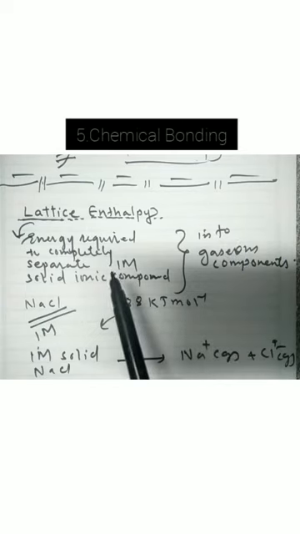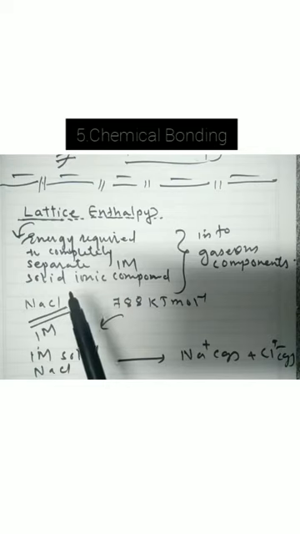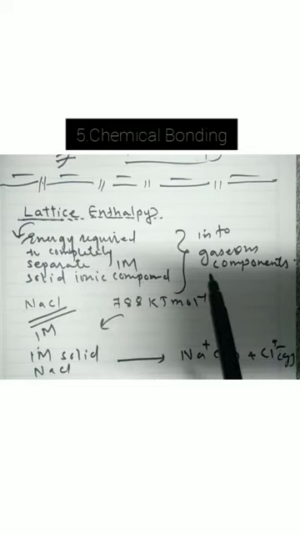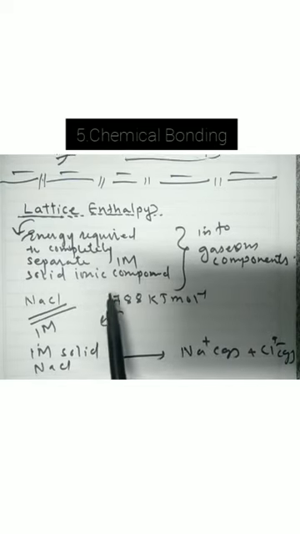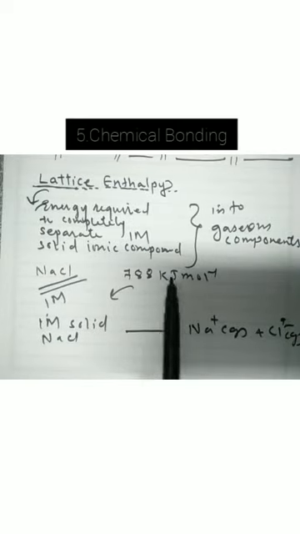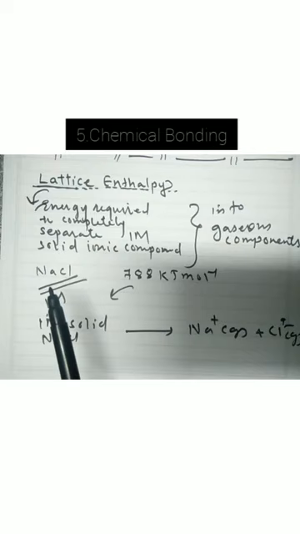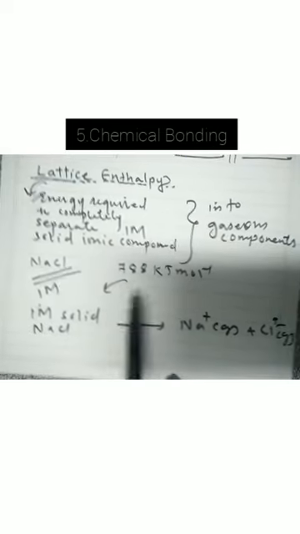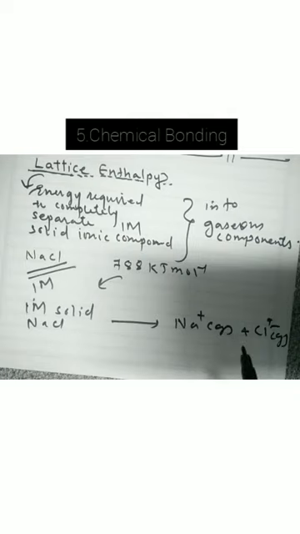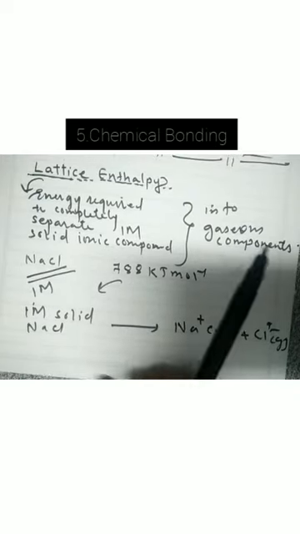For NaCl, the lattice enthalpy is 788 kJ per mole. It means to separate one mole of solid NaCl into Na plus and Cl minus ions in gaseous state, the amount of energy required will be 788 kJ per mole. So this is the lattice enthalpy for NaCl. Next page.